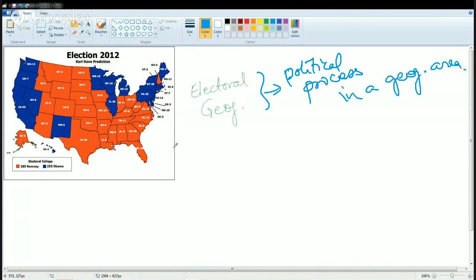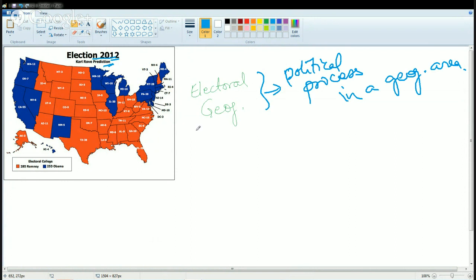Okay, so for example, I have taken here the map of the United States of America for the 2012 elections. The blue here shows the number of seats that possibly Obama will win and the other number of seats that Romney would win. This was one of the predictions before the elections.